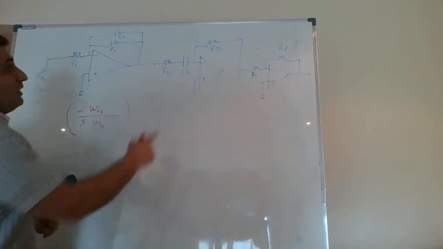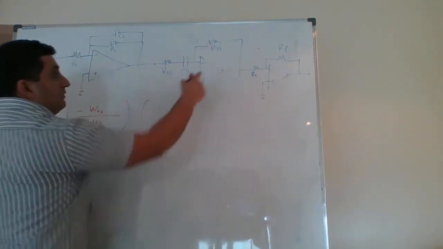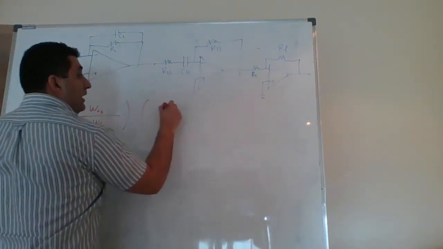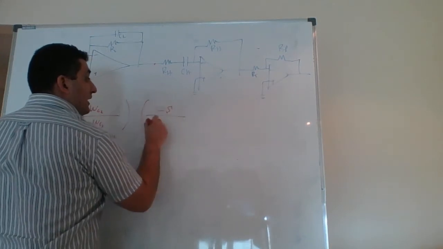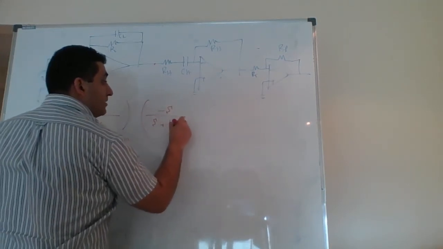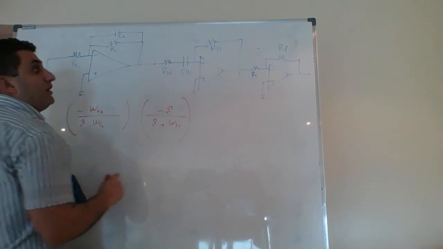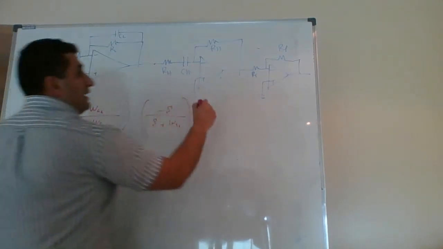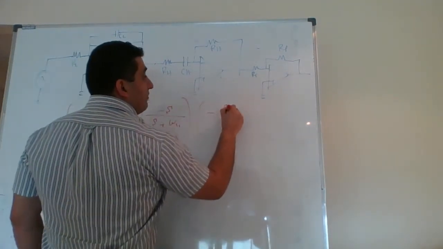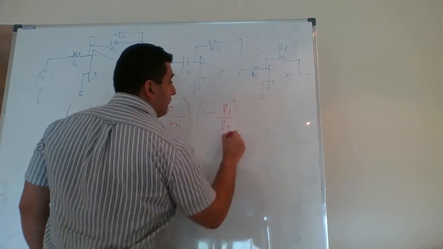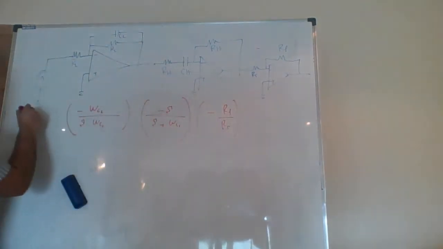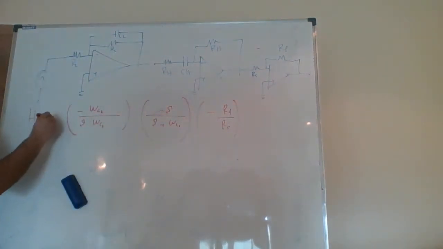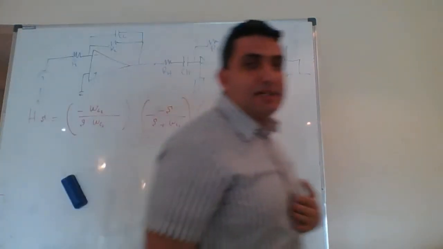Then this will have minus S divided by S plus omega C1, the cutoff for the band pass. And at the end I have minus RF over RI for the gain, and this is my H of S. That's my H of S.